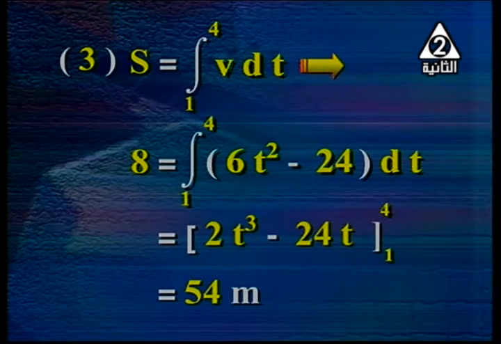We find the integration of v with respect to time t by substitution of v equals 6t squared minus 24. Then the integration is 2t to the power 3 minus 24t from 1 to 4, then S is 54 meters.